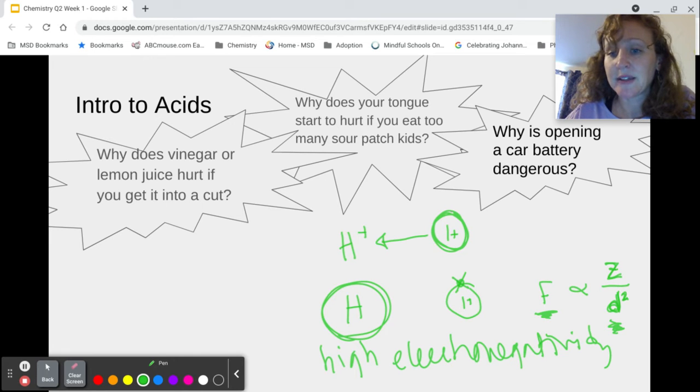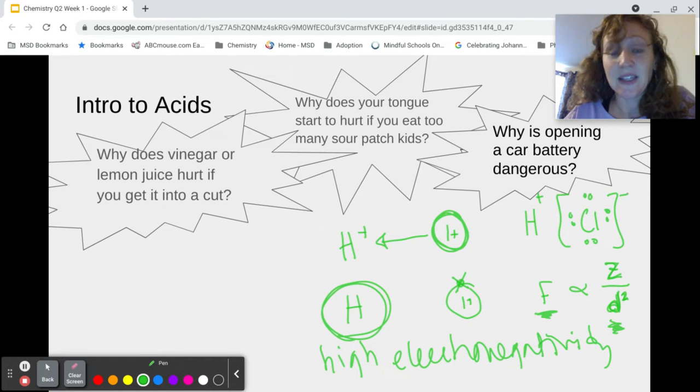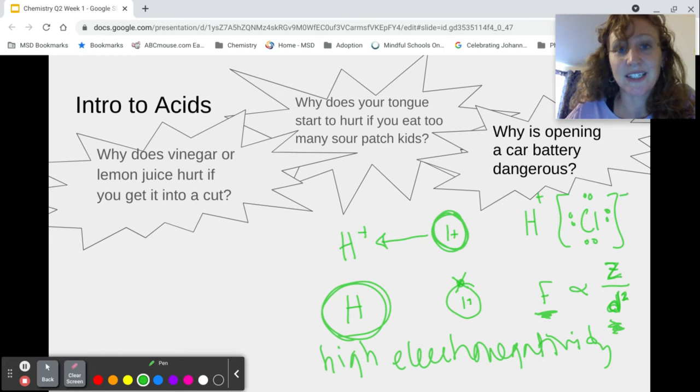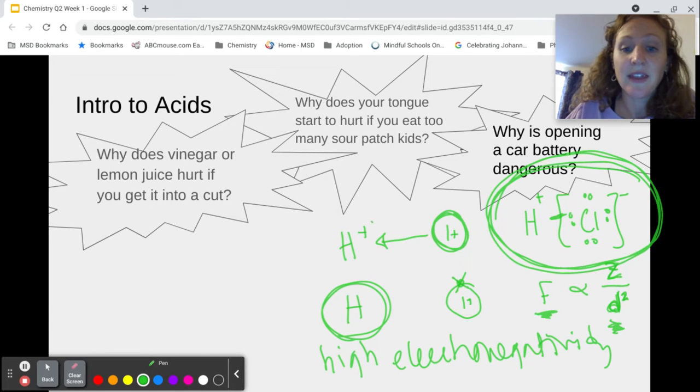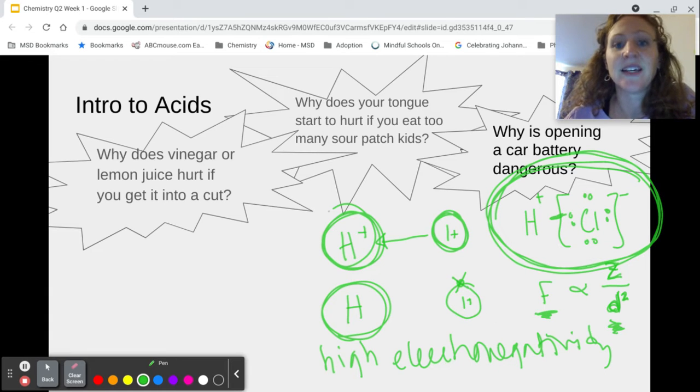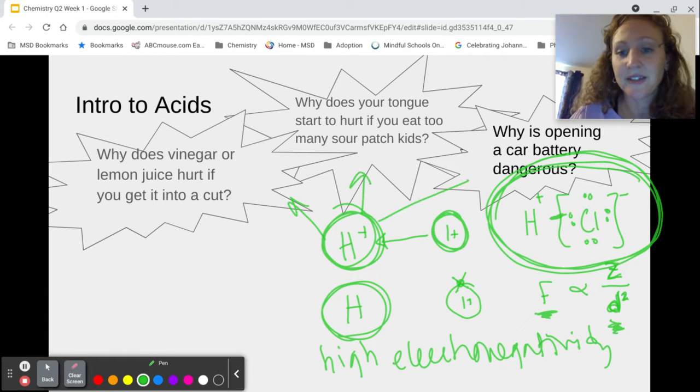If we look at hydrochloric acid, for example, if we mix that hydrogen ion with the chloride ion, that chloride ion is super full of electrons. Well, that proton that is now the hydrogen ion is going to be super attracted to those electrons, and it's going to form a really strong attraction there. And that's what gives acids their punch. That little ion is what causes all of these characteristics.